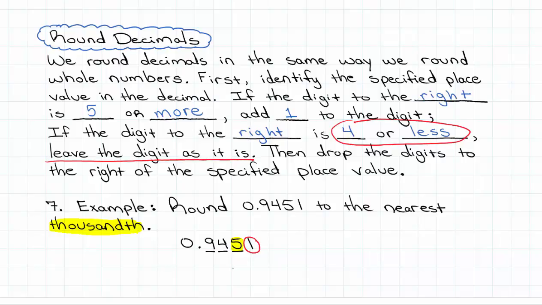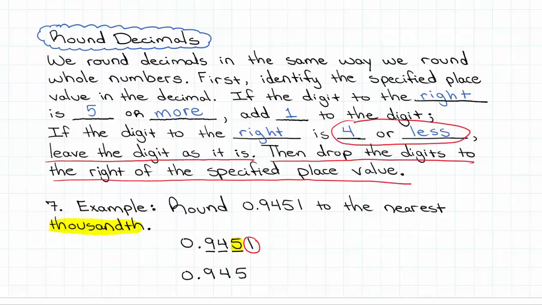We're going to leave the 5 alone, and then we're going to drop the digits to the right of the specified place value. Or you can also think of it as replacing those with zeros. So this is going to round to 0.945 or 945 thousandths.